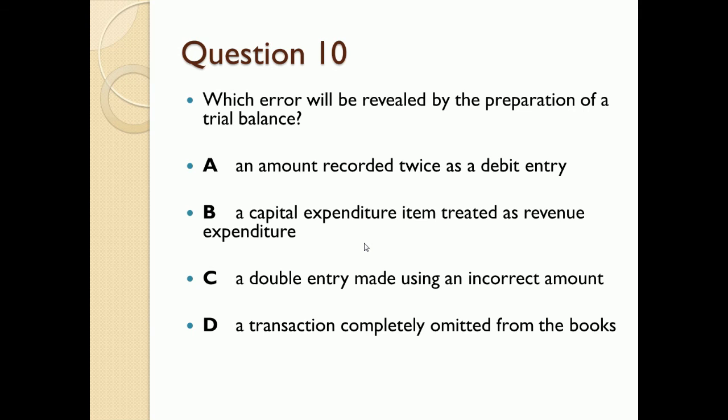As far as B is concerned, the capital expenditure item treated as revenue, you have debited your rent account instead of furniture, and you gave proper credit to any other account, cash or bank. So definitely it will not disturb your trial balance.